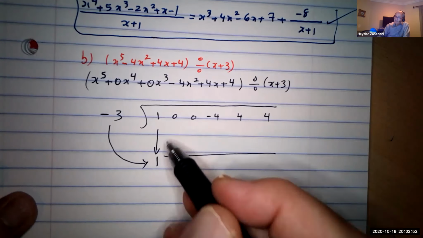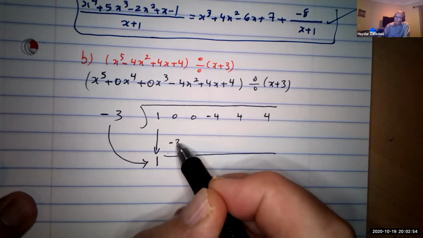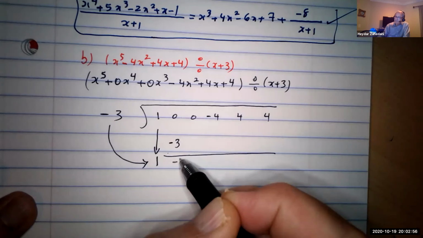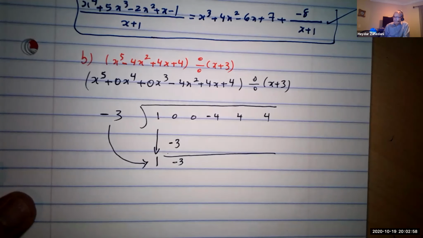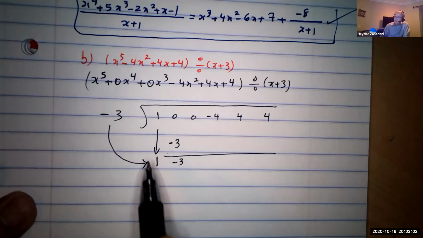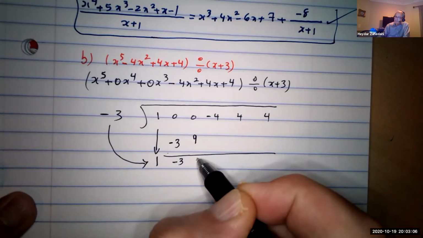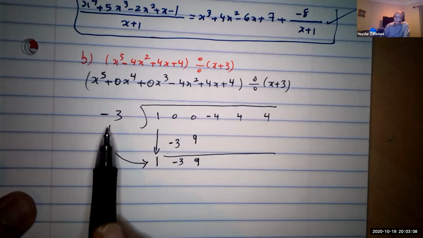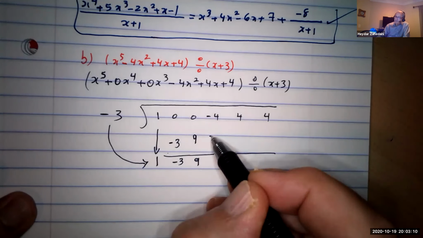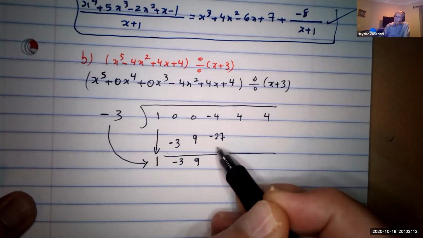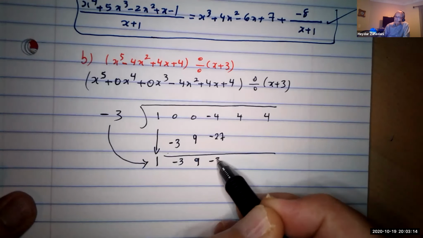Negative 3 times 1 would be negative 3. You add it to the 0, that gives a negative 3. Okay. Then we continue. Negative 3 times negative 3 would be a positive 9. So that gives us a 9. Then that gives you negative 27. Okay, that gives you negative 31.